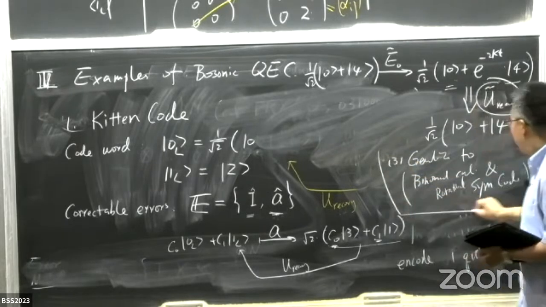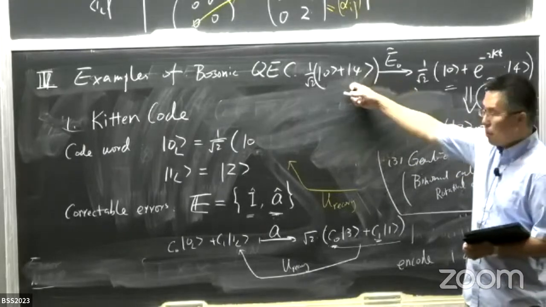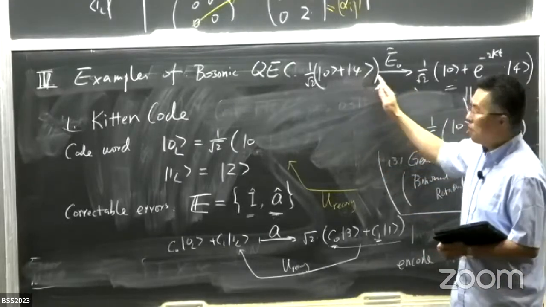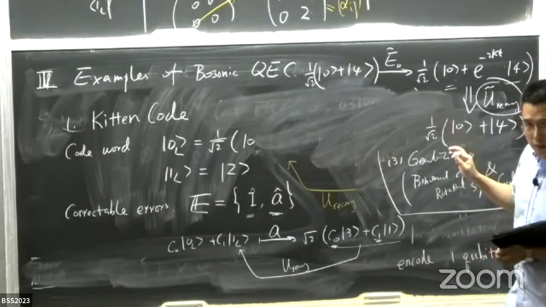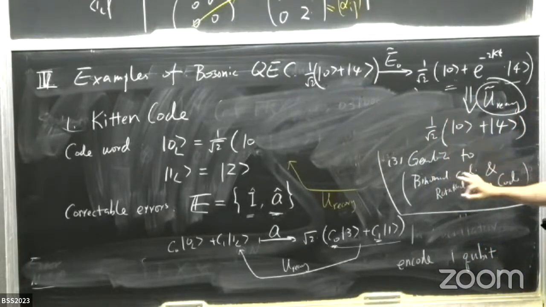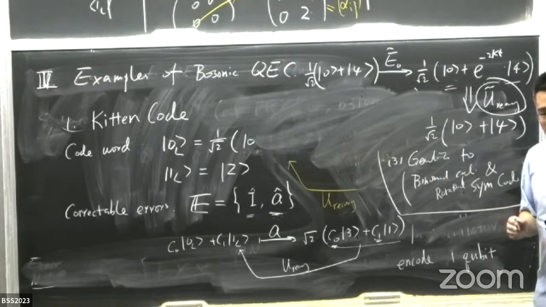The key idea is essentially very similar to this one. You just put more photons in there and introduce more photon number spacing, and you can correct those errors. So maybe in the next lecture, I'll briefly talk about this, then talk about the cat codes and how to do the photon number parity measurement non-destructively.